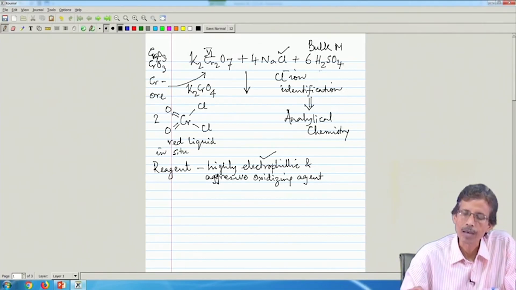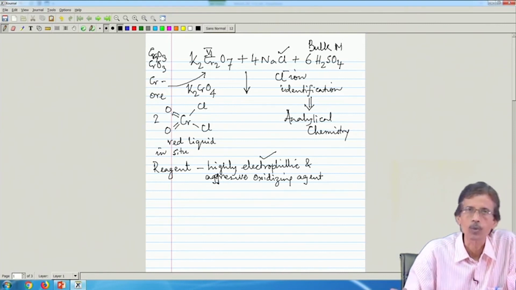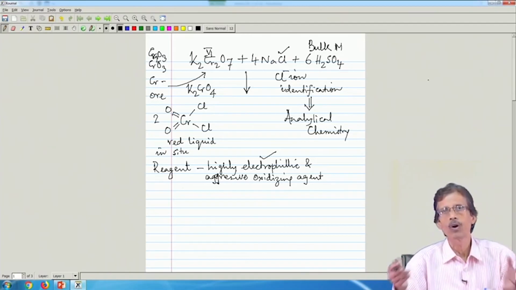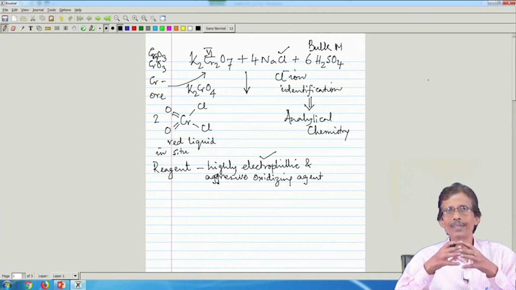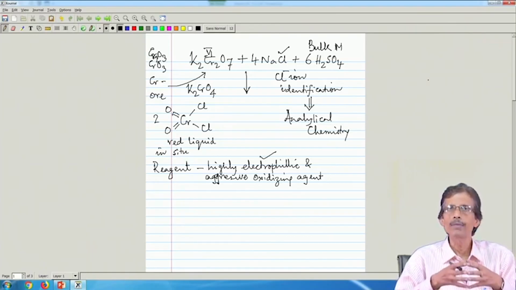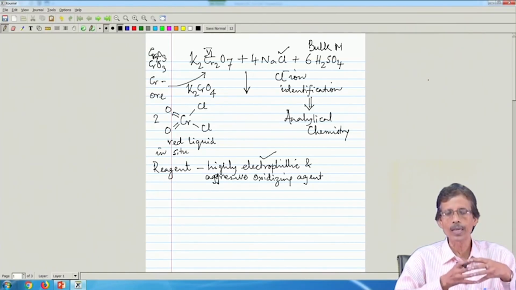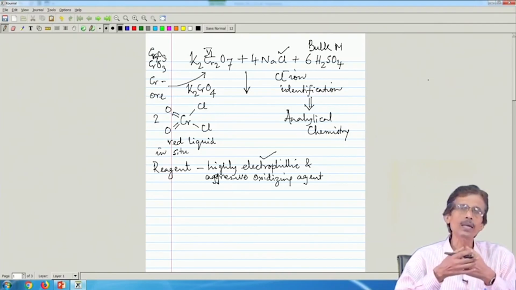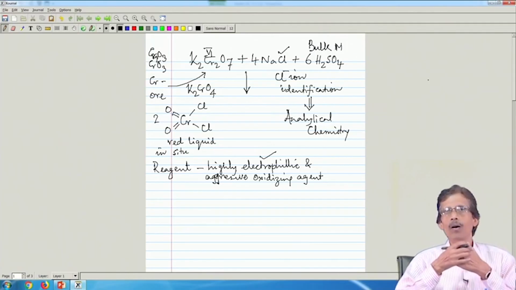The sulfate ion has an interesting role, because when we talk about chromium in the hexavalent state, it is highly oxidizing. When we label this molecule as highly electrophilic as well as an aggressive oxidizing one, we should not use any other mineral acid like hydrochloric acid.